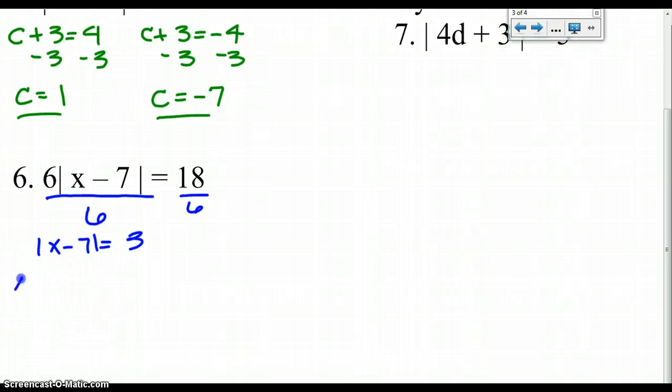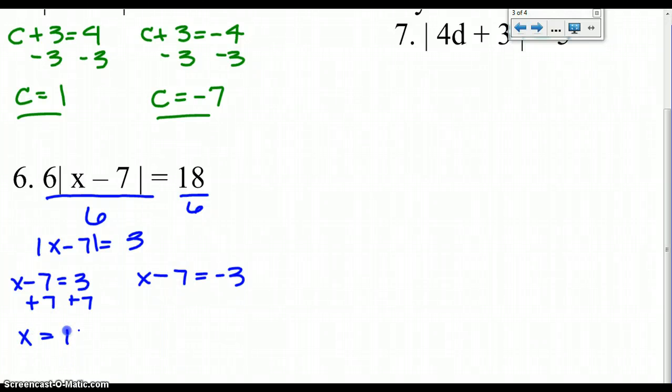So we have to do x minus 7 is equal to 3 and x minus 7 is equal to -3. So we're going to add 7 to both sides. We get x is equal to 10. And then we're going to add 7 to both sides. And we get x is equal to 4. And those are our two answers.